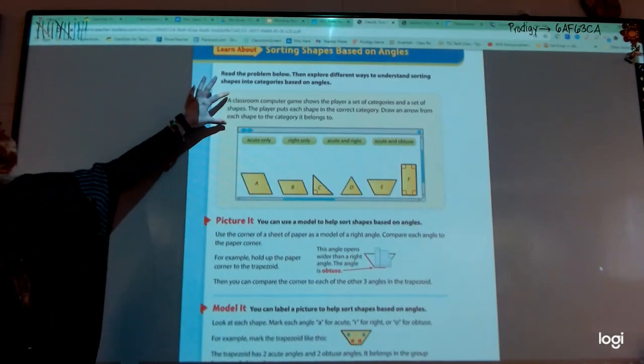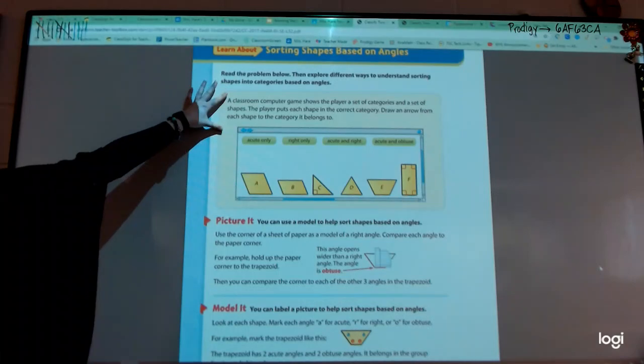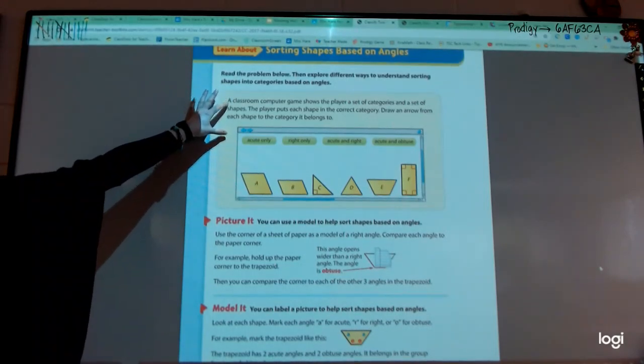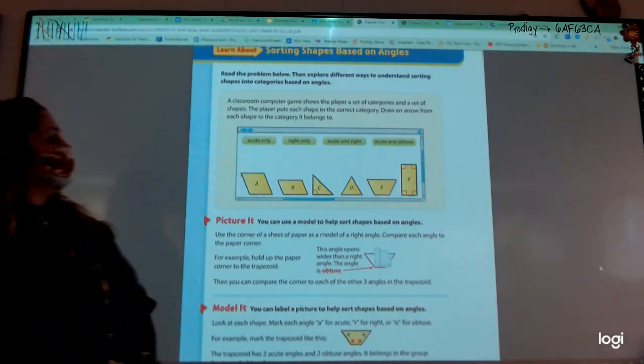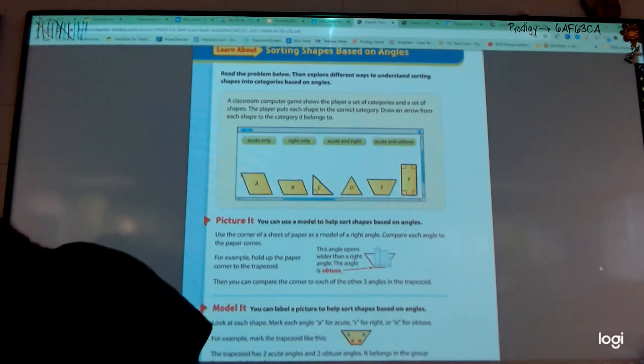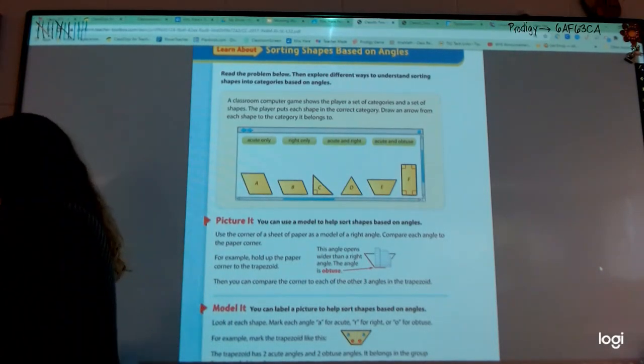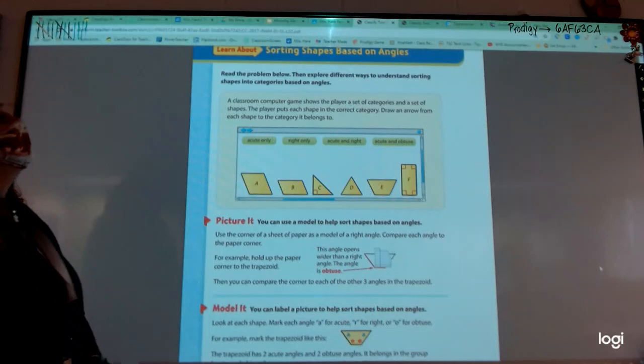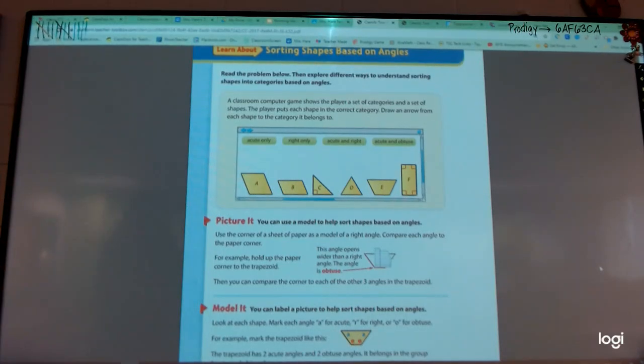Can I have somebody read this problem here about the classroom computer games? Hayden, nice and loud. The classroom computer game shows the player a set of categories and a set of shapes. The player puts each shape in the correct category.